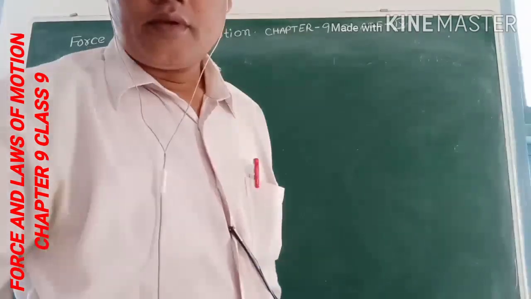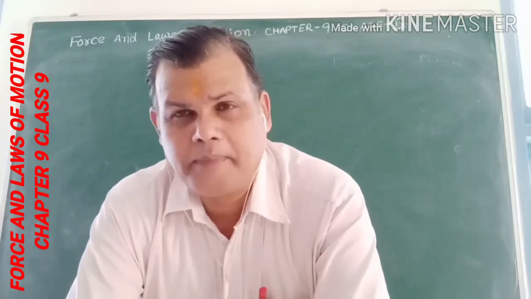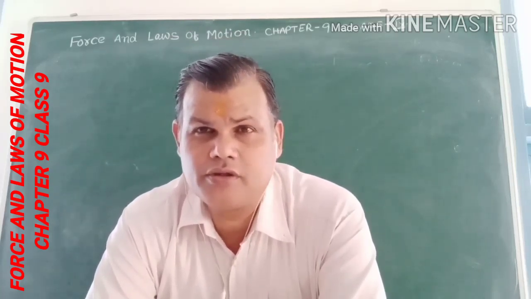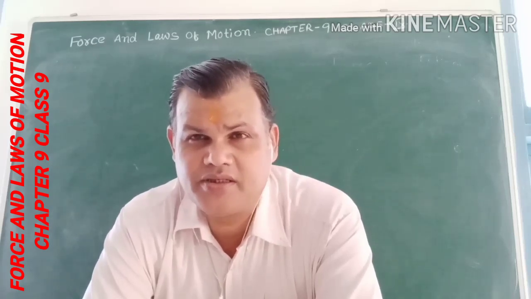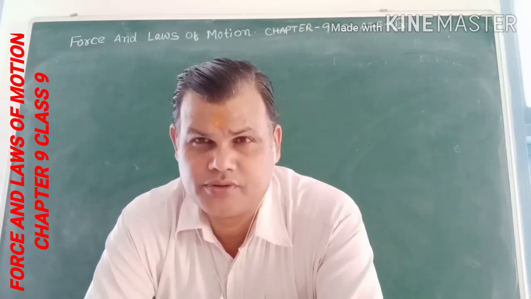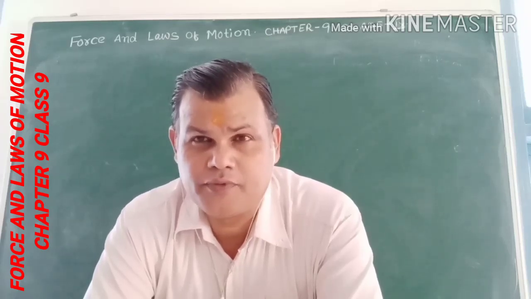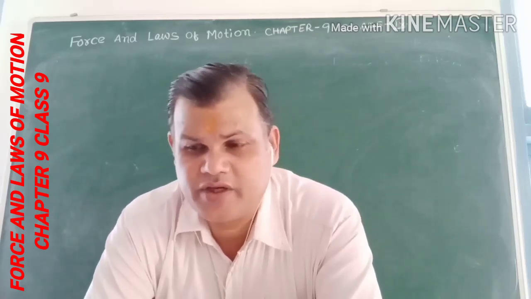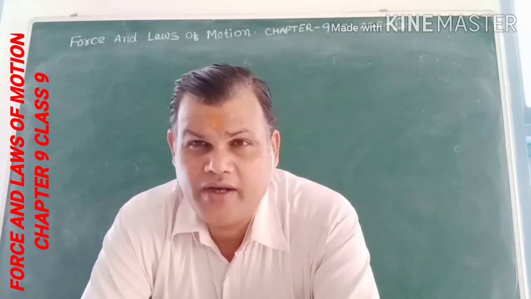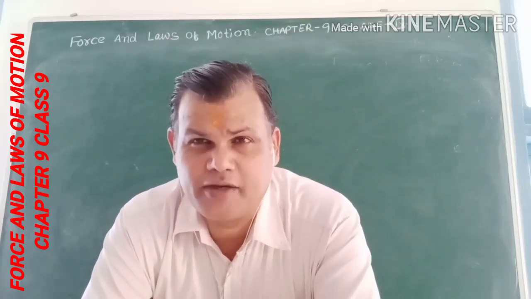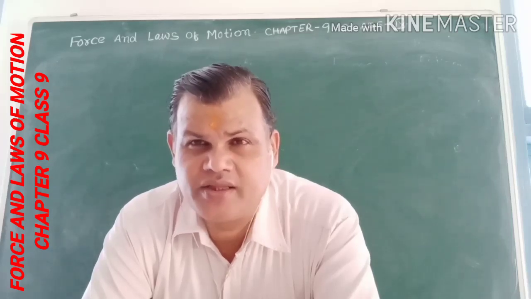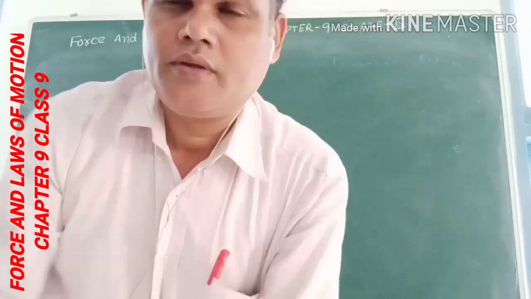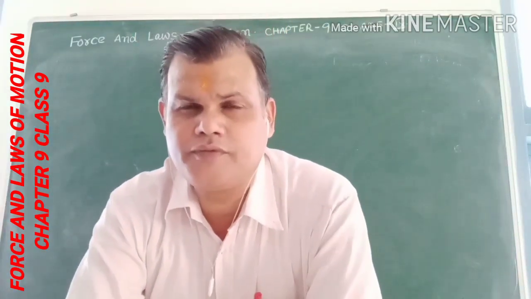For example, in case of balanced force, anything kept on the table does not go down, because the table is applying the same amount of force to balance the force applied by the books. Such forces are balanced forces. Now, when anyone hits a cricket ball or football, an unbalanced force is applied, because the object overcomes the force of friction.